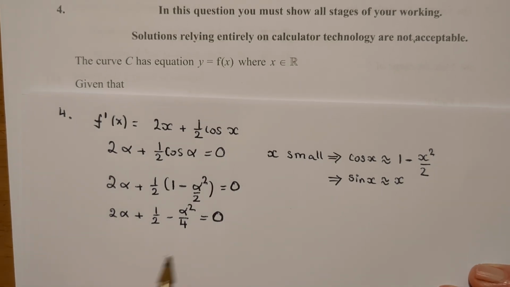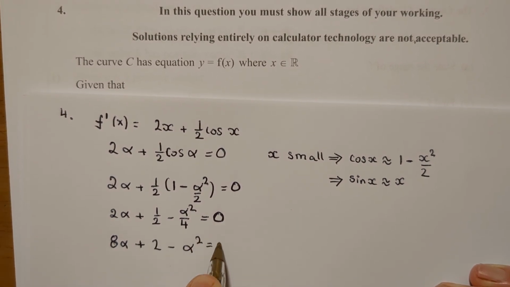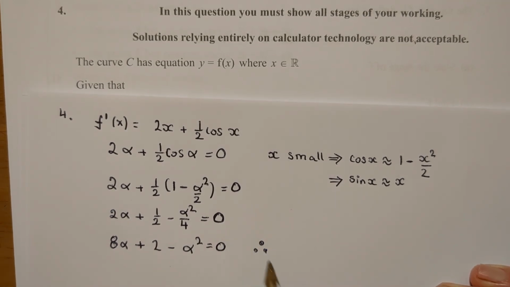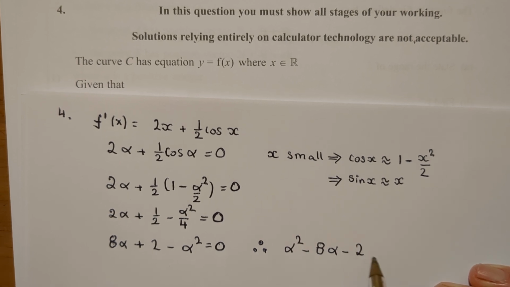I'm going to times through by 4. So I get 8 alpha plus 2 minus alpha squared equals 0. Therefore alpha squared minus 8 alpha minus 2 is equal to 0.